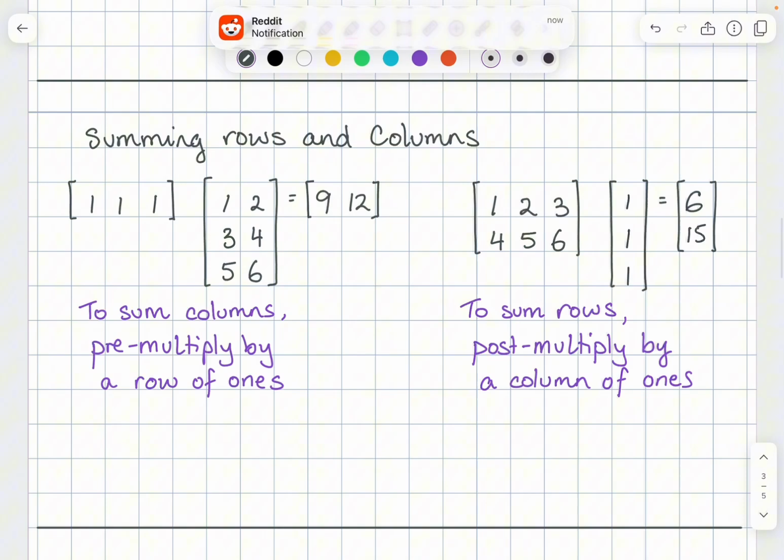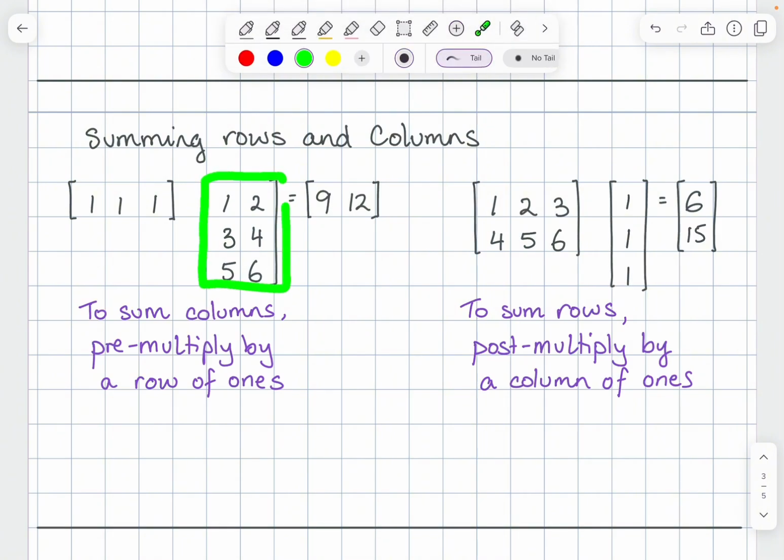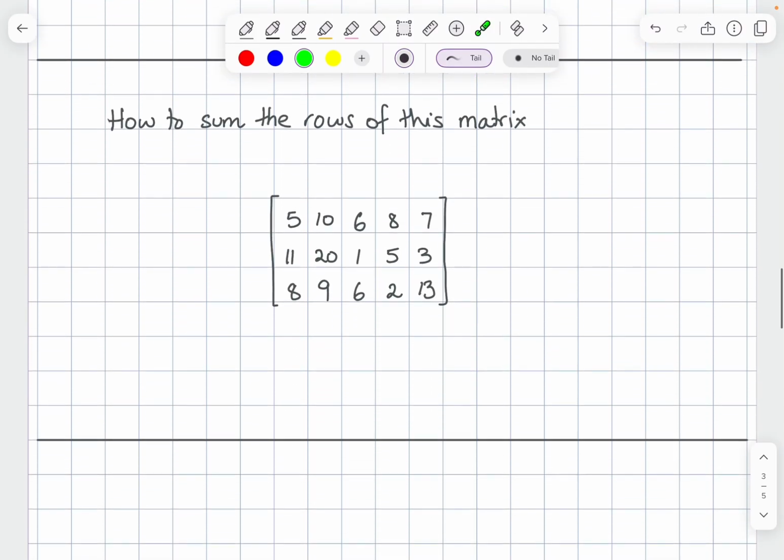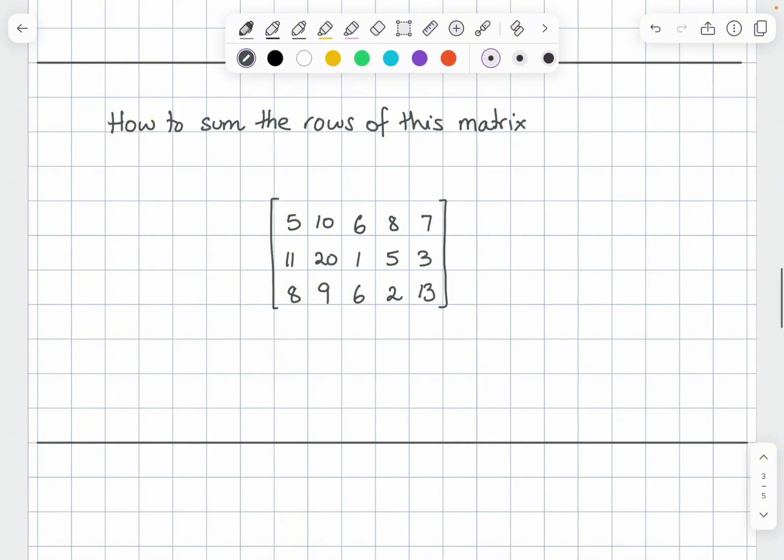Now, notice that whatever this looks like, we have to choose the appropriate number in our row or column when we multiply. So you'll have to think about that a little bit to make it work. Let's look at this question. What if I want to sum the rows? So I want to add all of those together. Summing rows, I post-multiply by a column, but how many ones are in my column?